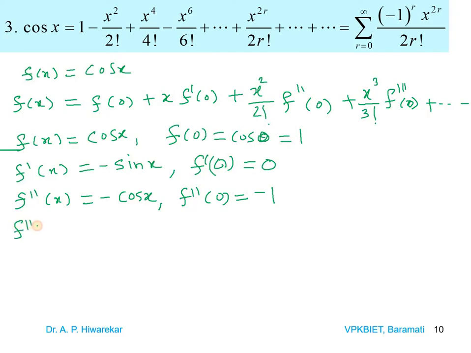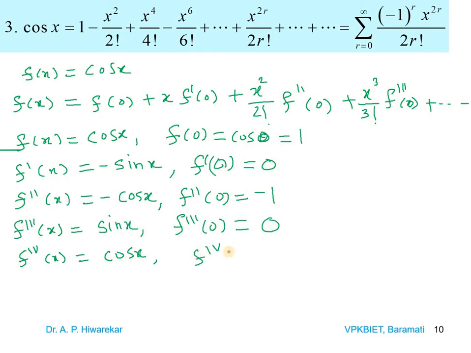Then f3 dash of x is the derivative of minus cos x. As we know, the derivative of cos x is minus sin, so that's why we get this. So f3 dash at 0 will be 0. Then what about f4 dash at x? That will be the derivative of sin x, which is cos x. So f4 dash at 0 will be 1.